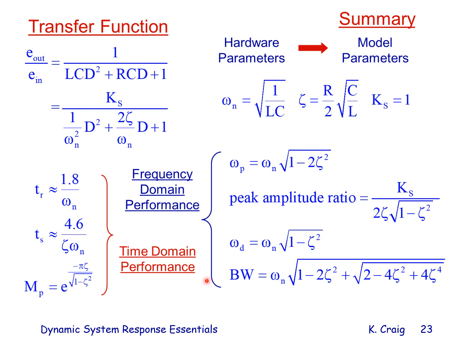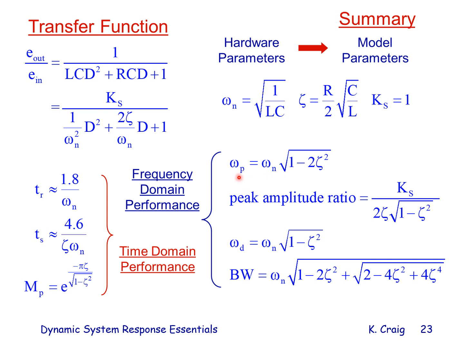And the performance indicators in the time domain are rise time, settling time, and overshoot. In the frequency domain, bandwidth, the damped natural frequency, which is omega d, the peak amplitude ratio, the actual value of that peak value, and the frequency of the peak amplitude ratio, omega sub p.